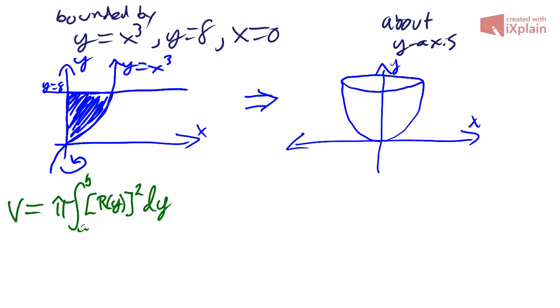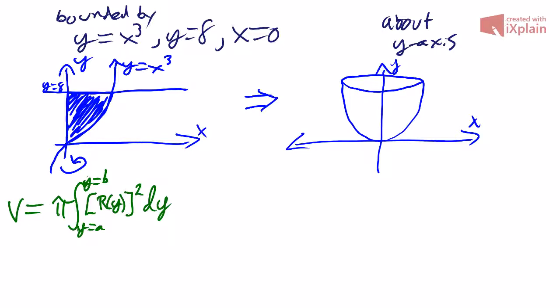So maybe it would be better to write y equals a and y equals b, just to remind us that these aren't x values, these are actually y values. So r of y is the radius in terms of y. dy means we're taking the integral with respect to y. So we want everything in terms of y.